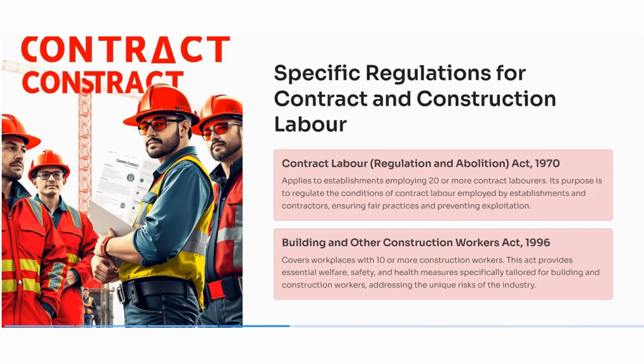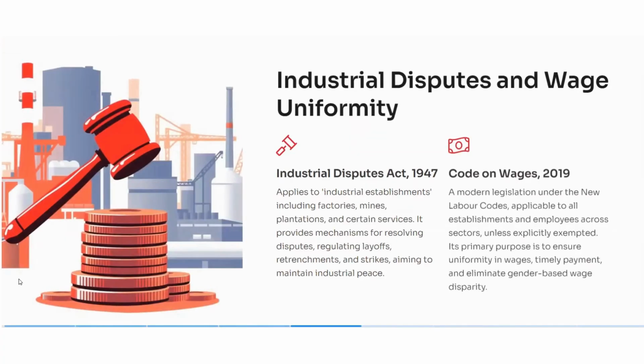Building and Other Construction Workers Act 1996 covers workplaces with 10 or more construction workers. This act provides essential welfare, safety, and health measures, especially tailored for building and construction workers, addressing the unique risks of the industry.